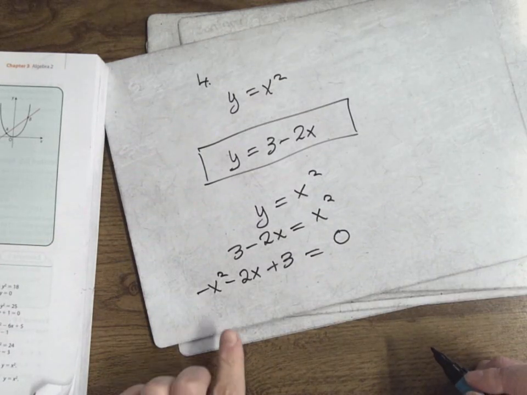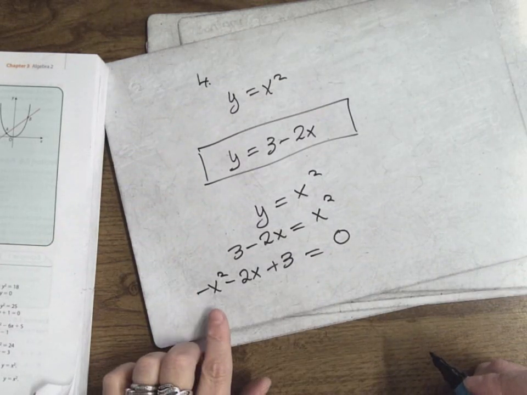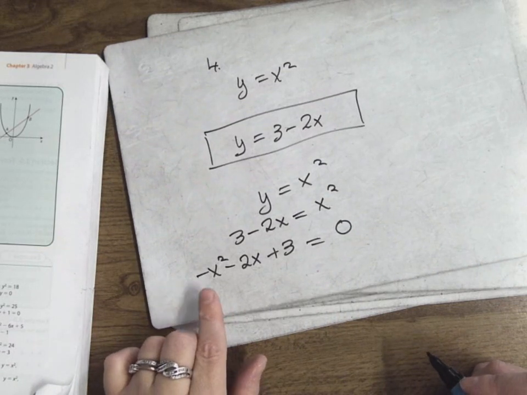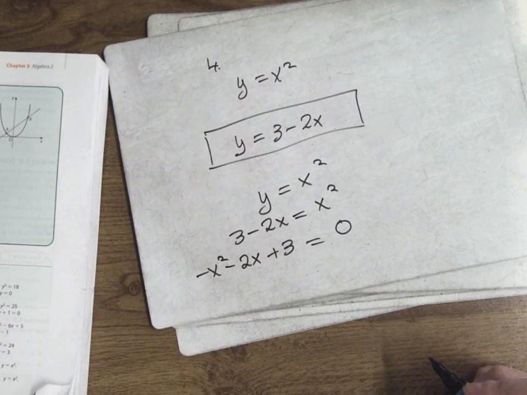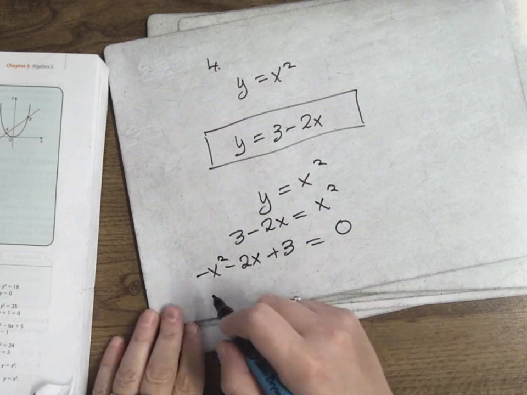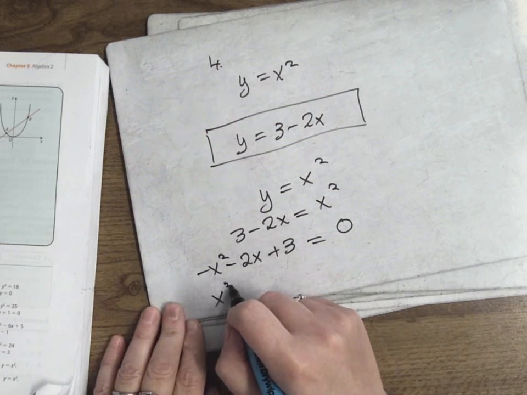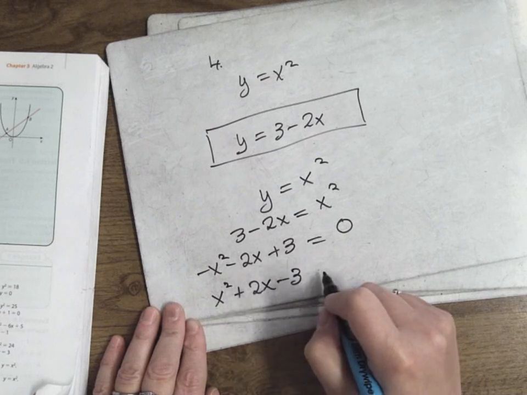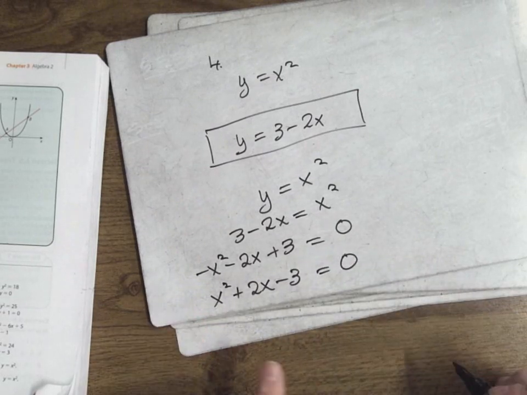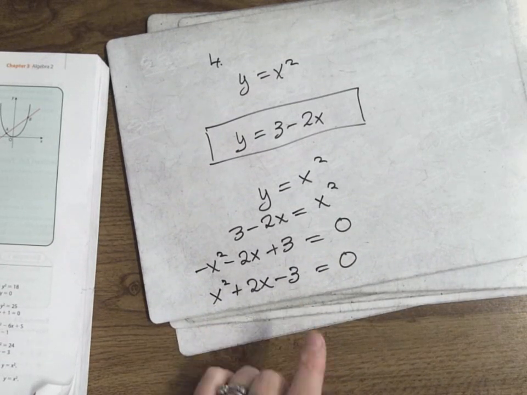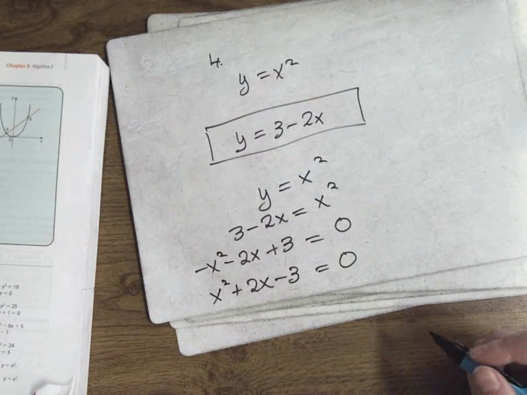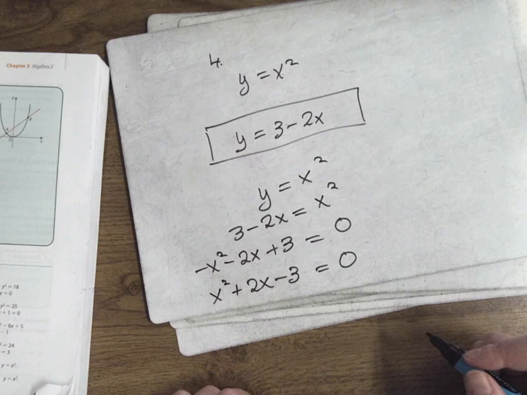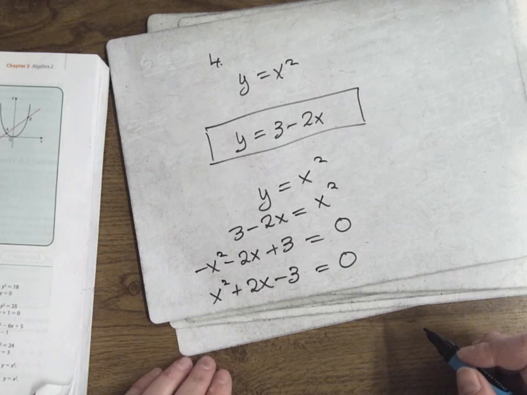I can't do my two sets of brackets with a negative x squared. So what do I do here? Change all the signs. So change that to x squared plus 2x minus 3 equals 0. Then I can do my minus b formula, or I can do my two sets of brackets, whichever you find easier. Okay? That's number 4, which I'm giving you for homework as well.